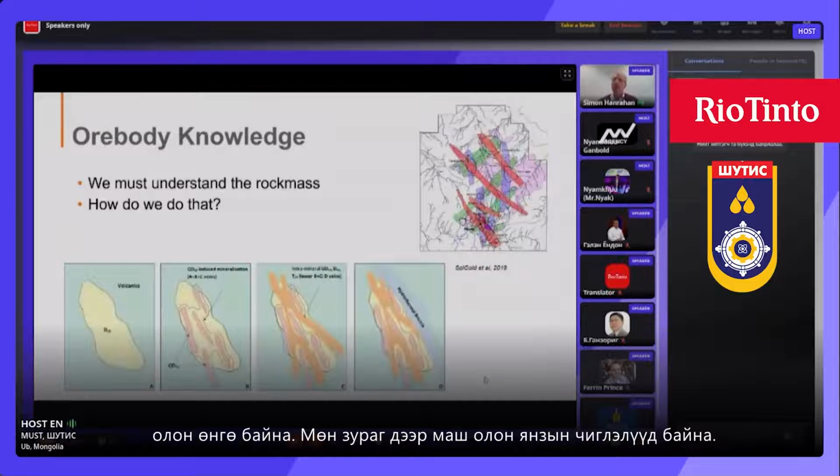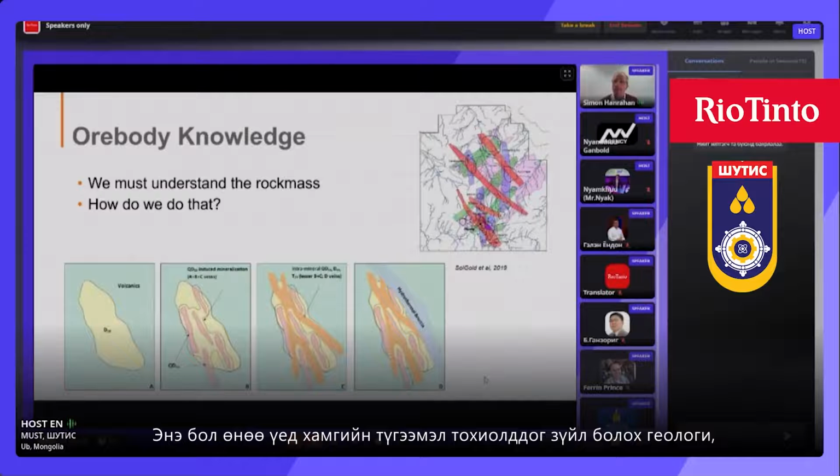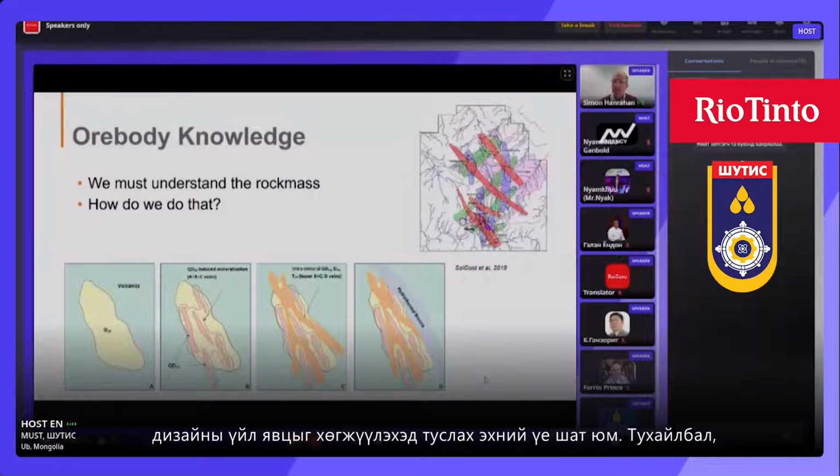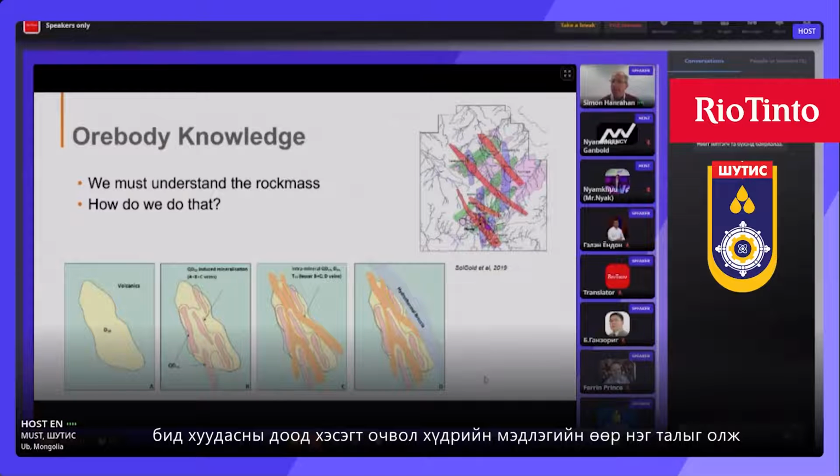So what I want to go into now is just provide a little more insight into using a couple of examples about what we mean by ore body knowledge, just taking a few examples from the list that I said before. So what we're looking at here in the top right-hand side is a caving project, which is under study currently.